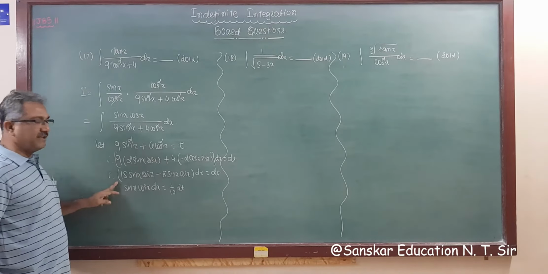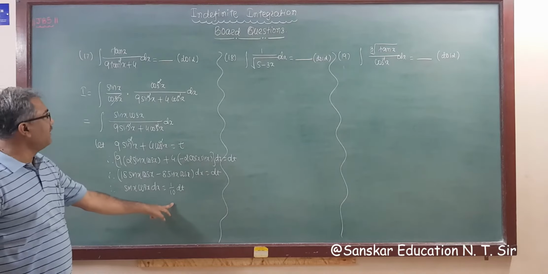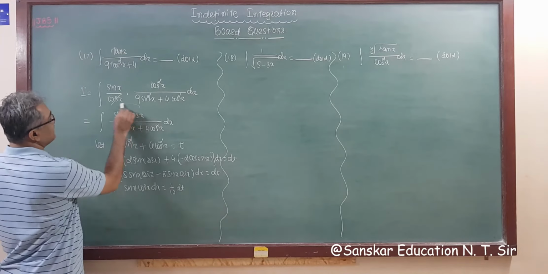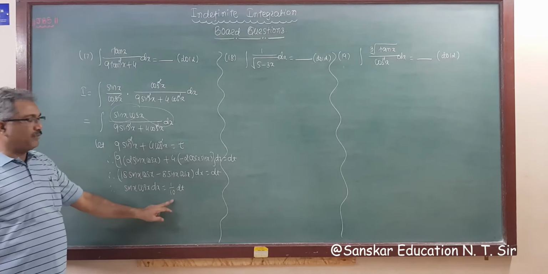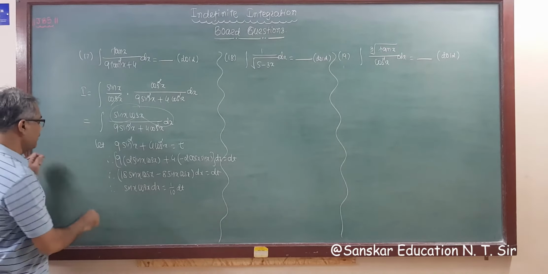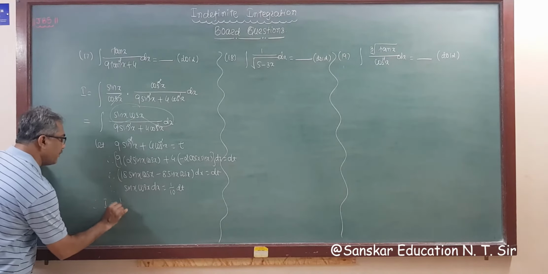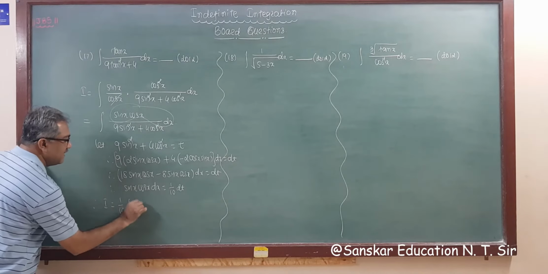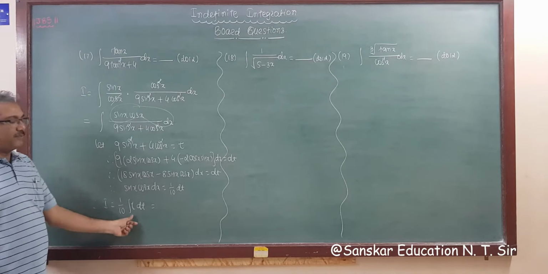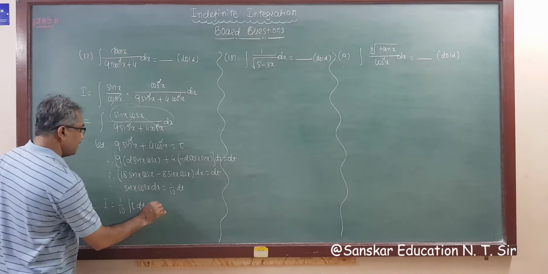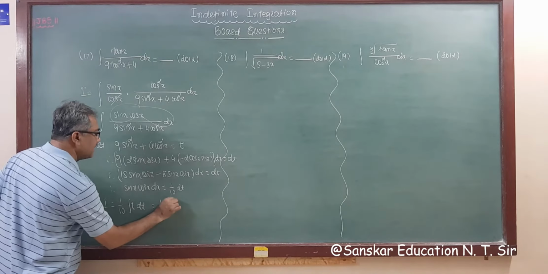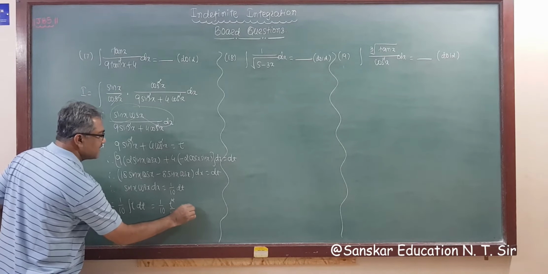I am not writing 10 here, I am taking 10 directly here. So this sin x cos x dx is 1 upon 10 dt and this is t. So I will be 1 upon 10 integration t dt, and integration of this is t square by 2, right. So 1 upon 10 t square by 2 plus c.